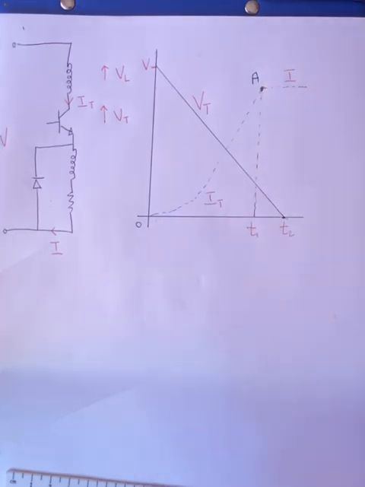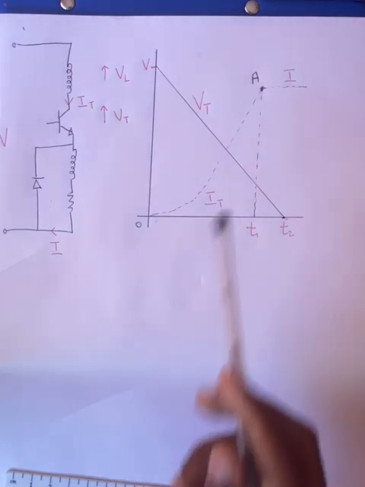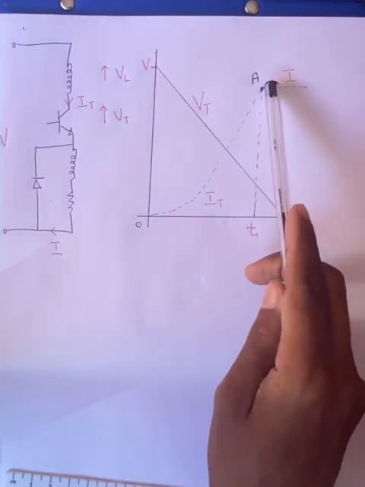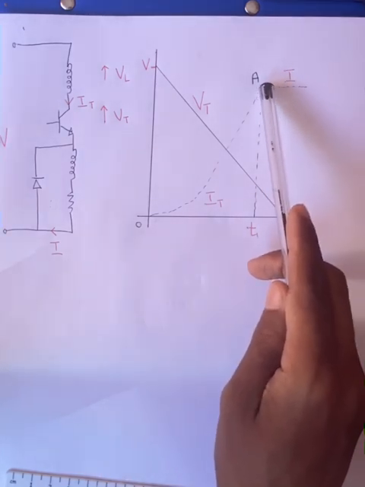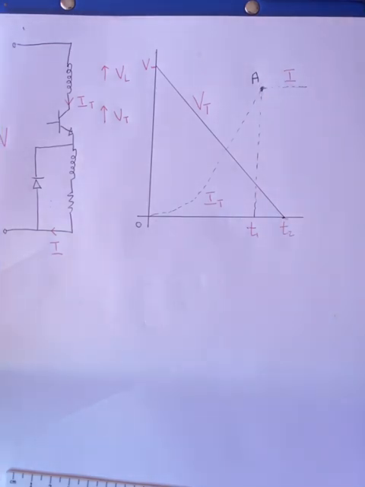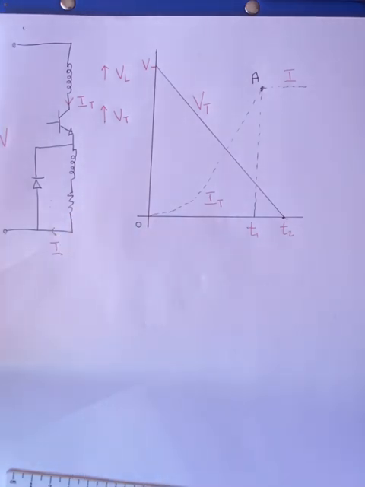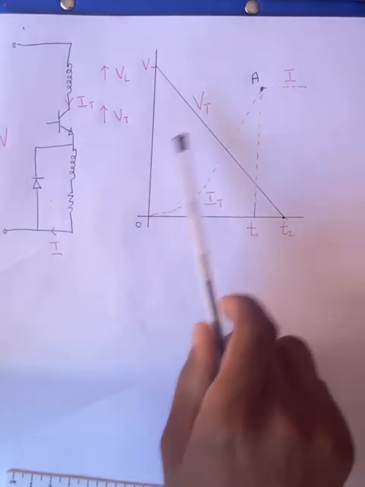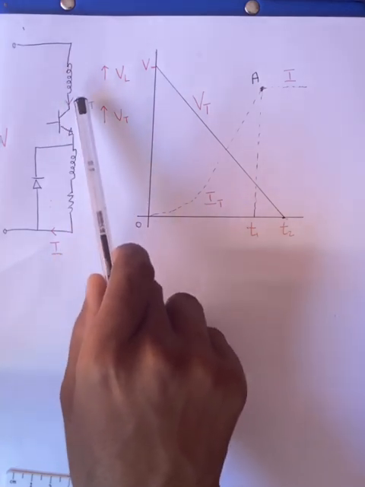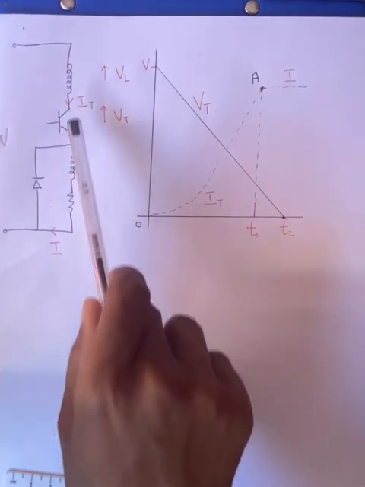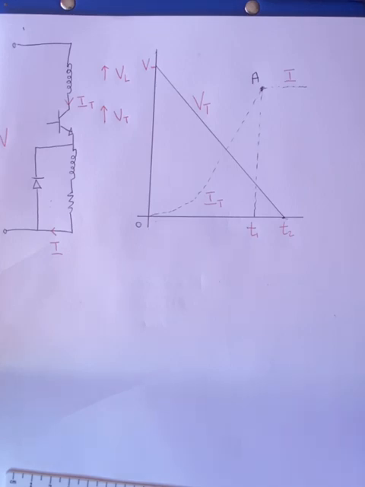This is the curve, or function, describing IT, and then we have another curve describing I. When we talk about I, we are referring to the load current, as you'll notice on the circuit. What is IT? IT is basically the current flowing through the transistor.